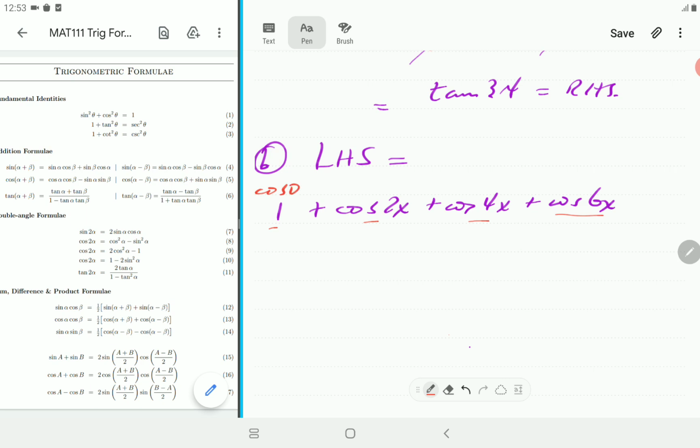So 0 plus 6, again that's going to give us 3. And then 6 minus 0 also gives us 3.